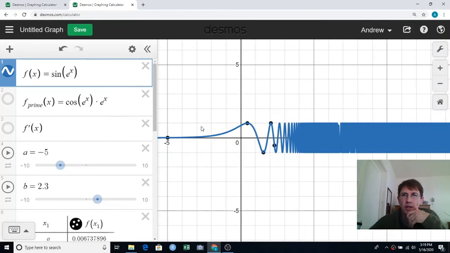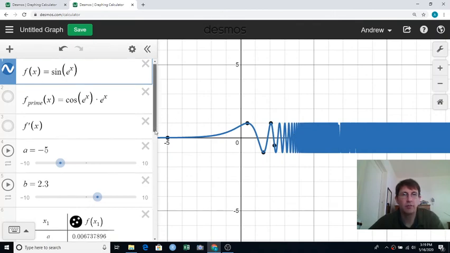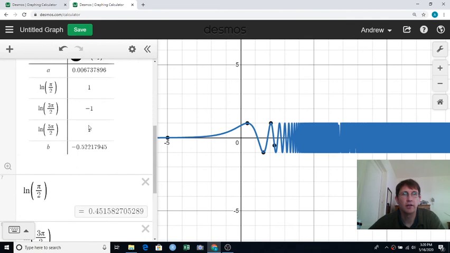Do you remember what the name of this kind of function is, where the frequency of the sine wave is getting higher and higher as we go along? It's a chirp. All right. It's kind of interesting that when we did the critical values, we were just saying where is the derivative equal to 0, and we didn't have any idea at that point really which ones were going to end up being a min or a max.